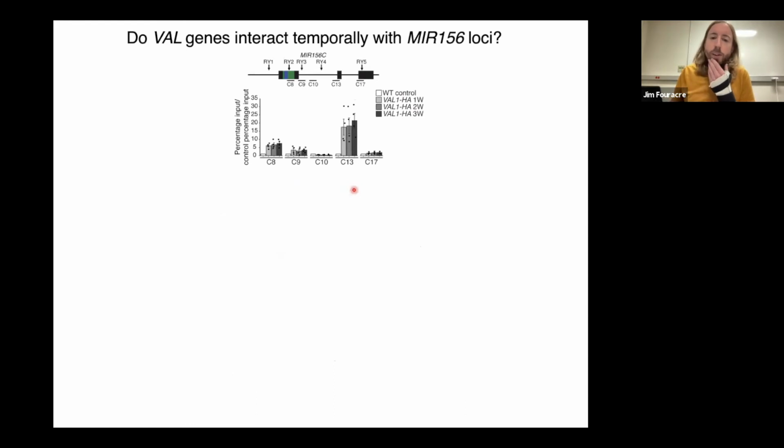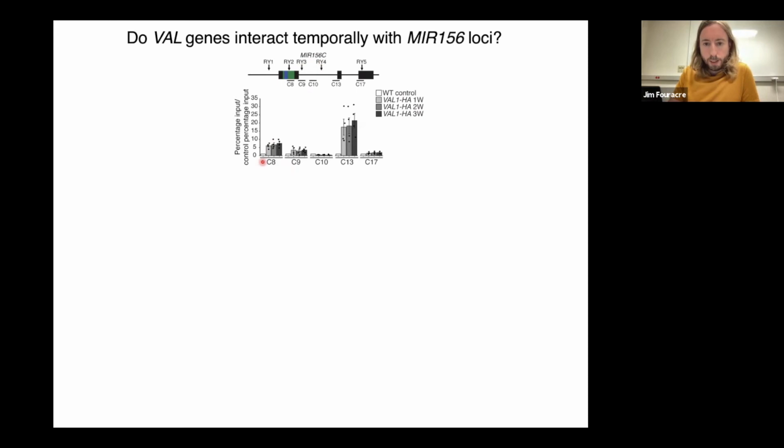The next thing I wanted to test, in terms of whether Val1 is temporally regulating miR156, is whether Val1 actually has a temporal binding pattern to miR156 loci. To do this, I used an HA-tagged version of the Val1 protein and did a ChIP-qPCR analysis of Val1 binding over time. This graph shows the affinity of Val1 for the MIR156C locus.